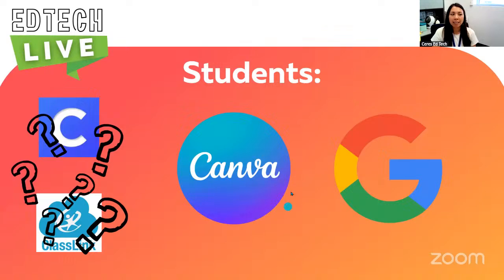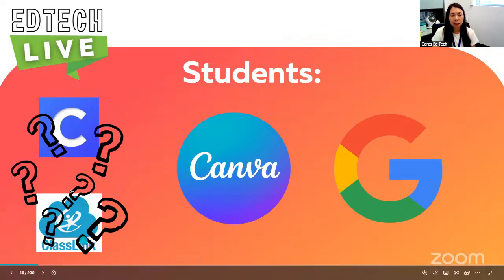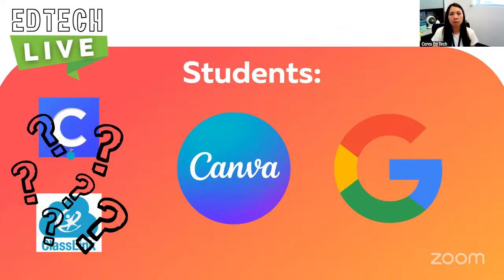Usually we can find Canva on Clever, but we're moving now to something called ClassLink, and I was told that Canva wasn't available on either of these. So teachers, here's where I'm going to need some of your help. Students are going to log into Canva directly by going to canva.com, and then they're going to log in with Google, where they're going to use their Google sign-in credentials to be able to access Canva.